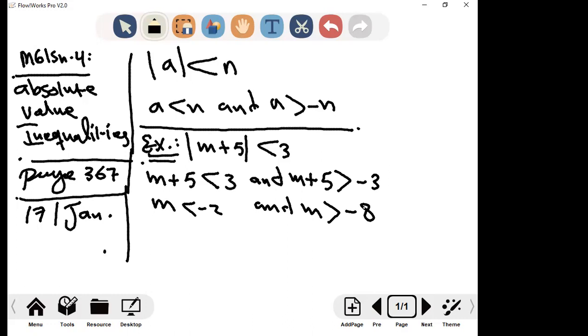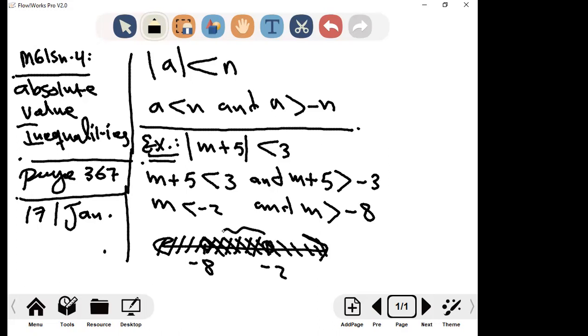So if you want to graph the solution, here is negative 8, the smaller number, and here negative 2, both open circles. If n is less than negative 2, I go to the left of negative 2. If n is more than negative 8, I go to the right of negative 8.